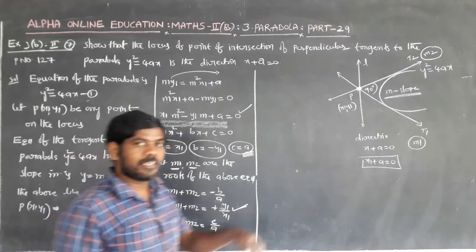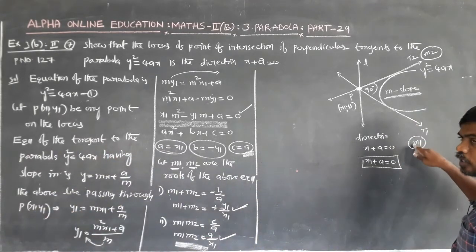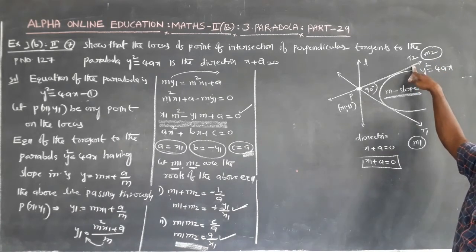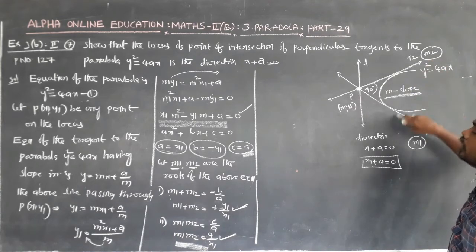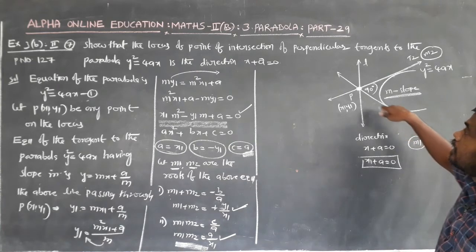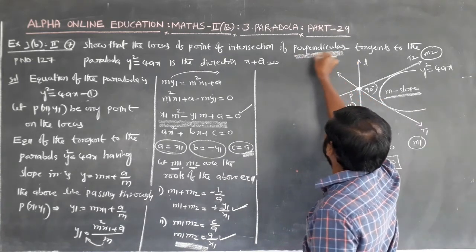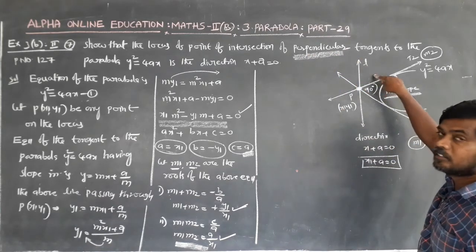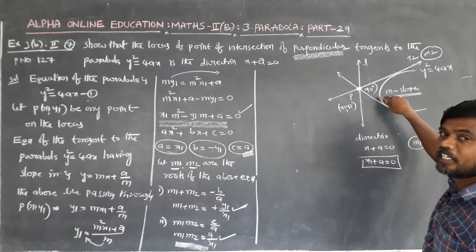Here we denote the slopes: m1 is the slope of the first tangent, m2 is the slope of the second tangent. m1, m2 are the slopes of the two tangents. Observe here the two lines are perpendicular. That means the angle between the two tangents is 90 degrees.